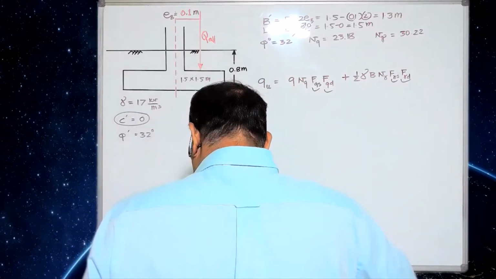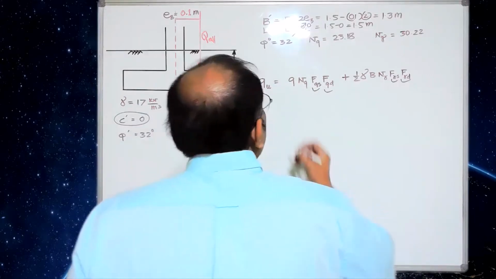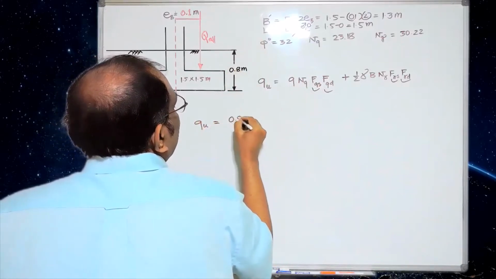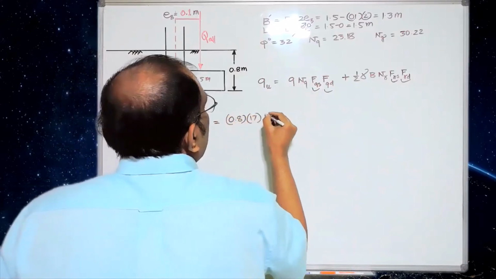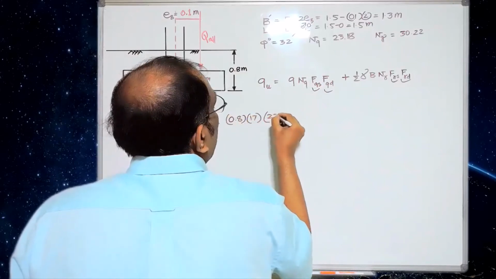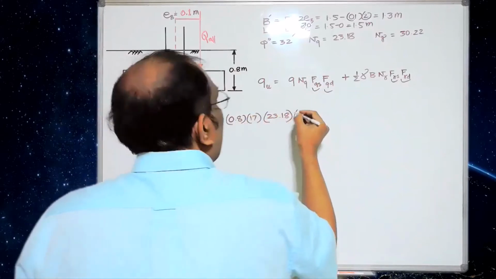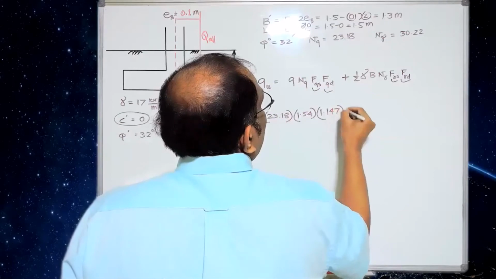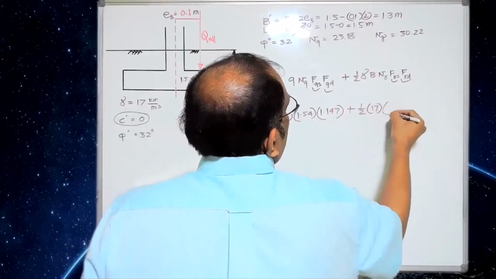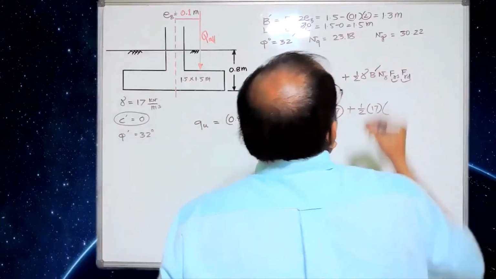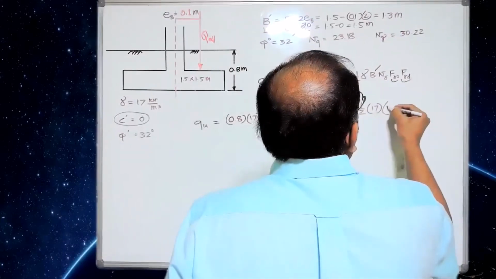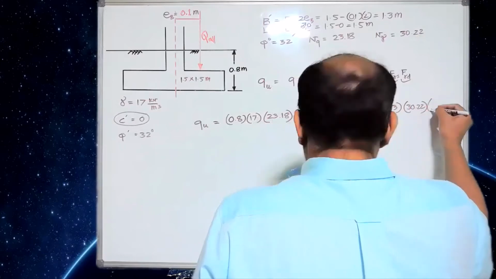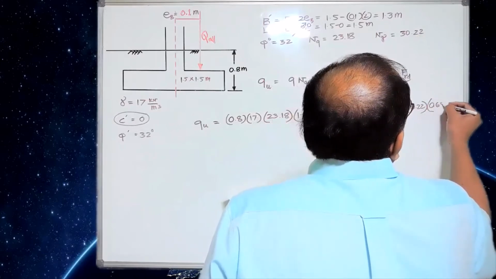Q basically is gamma D, so this is 0.8 into gamma, which is 17, then NQ, which is 23.18, then 1.54 for QS and 1.147 for QD, plus half into 17 into B prime, which is 1.3, then N gamma, which is 30.22, then 0.653 into 1.